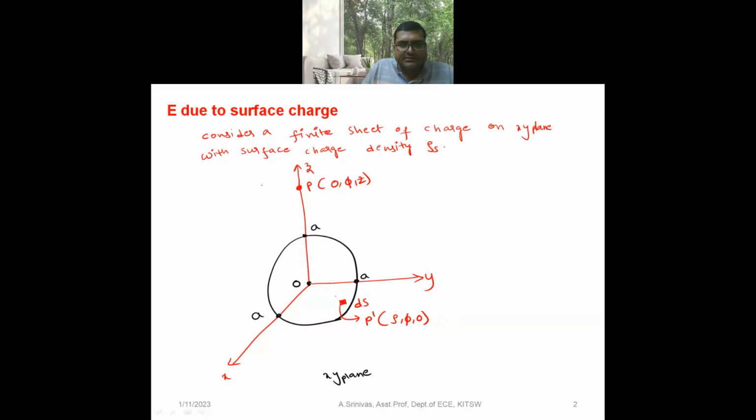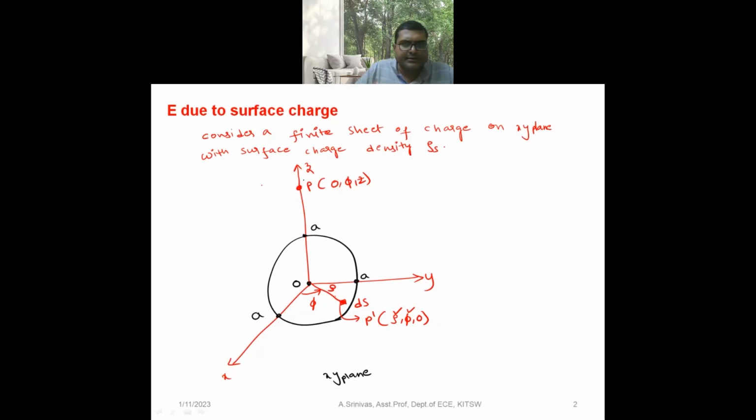The distance from origin to the required point is rho with angle phi. Phi is the azimuthal angle. First of all, we have to calculate the electric field intensity due to the differential surface, and then we have to integrate to get the total electric field due to the complete sheet of charge.